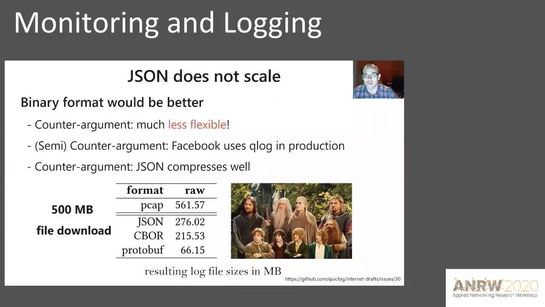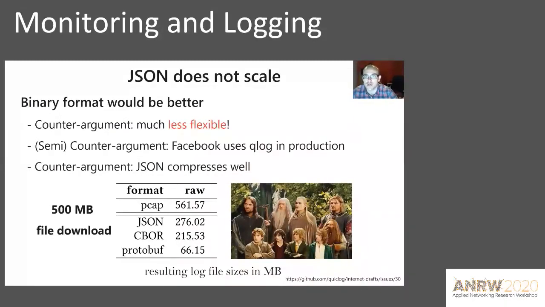To give you an idea of what we're talking about here, these are some numbers for a download of a 500 megabyte file. And we can see that the PCAP indeed is very large. But to be fair, the JSON qlog is also quite large. And we can get that down a little bit by using CBOR, which is the binary form of JSON, which is still very flexible, but as you can see, also doesn't really bring down the file size that much.